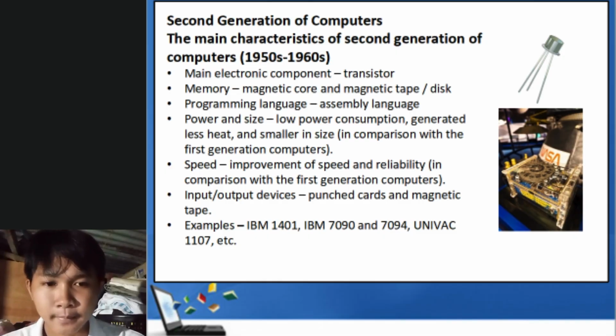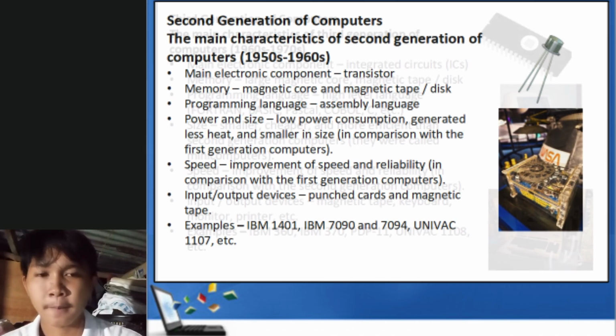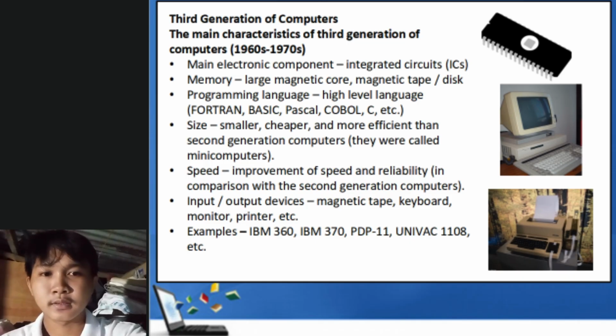Next, input and output devices: punched card and magnetic tape. Examples: IBM 1401, IBM 1790, and 1794, UNIVAC 1107, and etc.